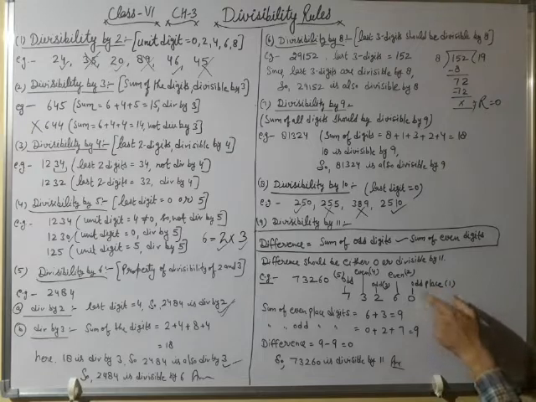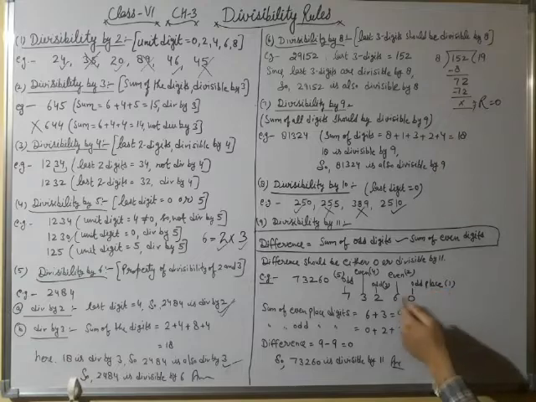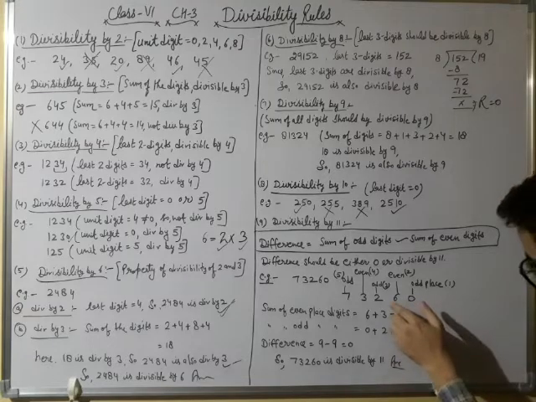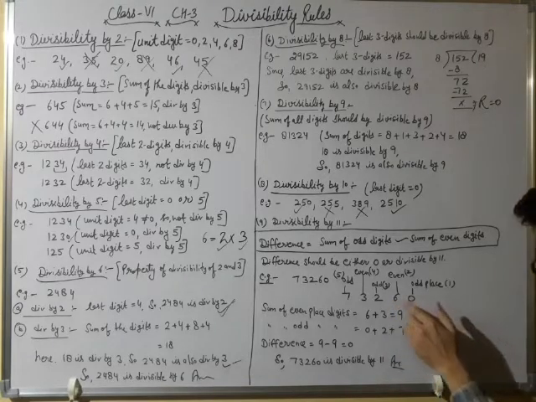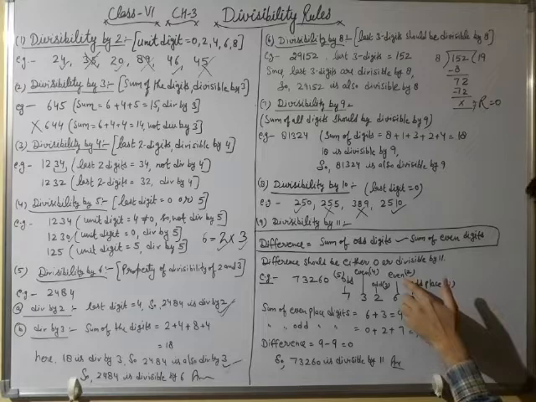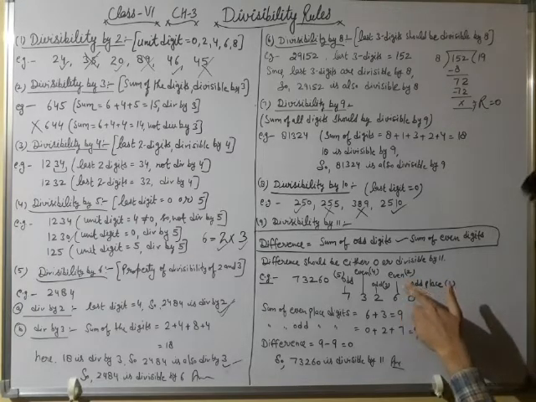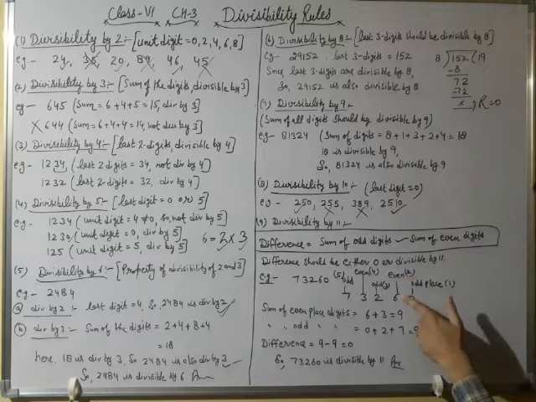So 0 is the digit which is written at an odd place. Next is 6. It is written at the second place, the tens place. Tens place is the second place, like 1, 2, 3, 4 and 5. So 6 is written at the second place, and second is an even number. So 6 is the digit which is written at an even place.